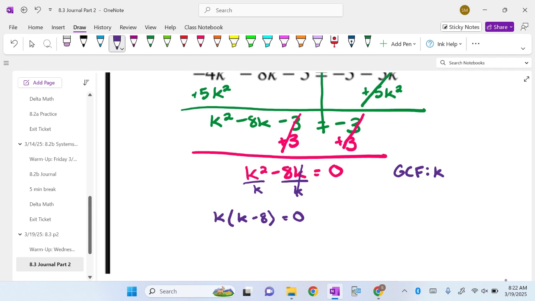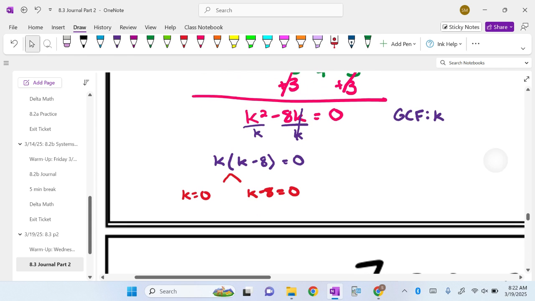Now, I have a variable GCF. What does it say I have to do with that variable GCF up top? We got to set it equal to 0. It's part of my answer. So I'm going to set both of these factors equal to 0, including the k. So k is equal to 0, and k minus 8 is equal to 0. Well, guess what? One of them's already solved.